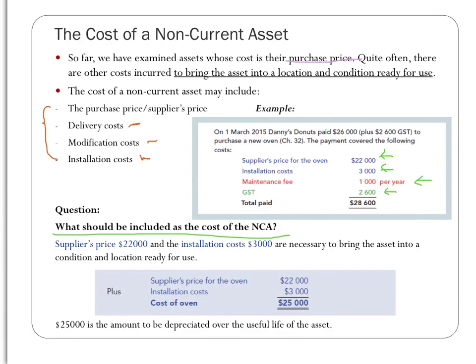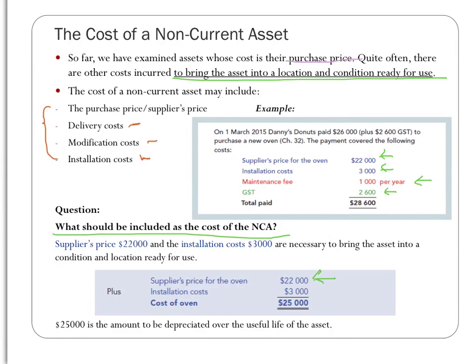You need to think about what costs are necessary to bring the asset into a location and condition ready for use. Firstly, obviously, the supplier's price for the oven. How much the oven cost? Surely that's part of the non-current asset, right? $22,000.